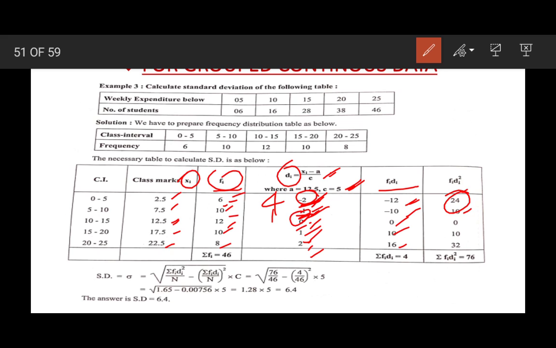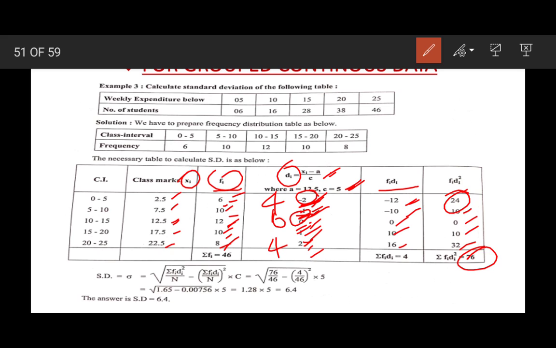Then 0 square is 0, into 12 will give you 0. Then 1 square is 1, into 10 will give you 10. Then 2 square is 4, into 8 will give you 32. Okay. Then the total of this column is 76.